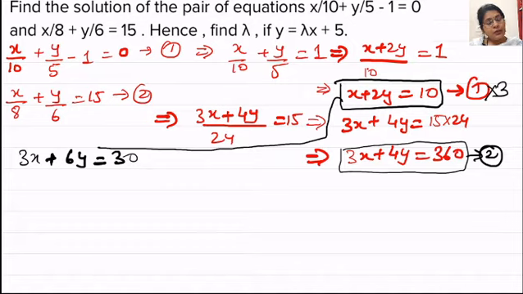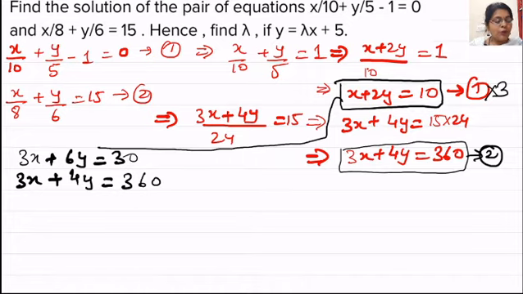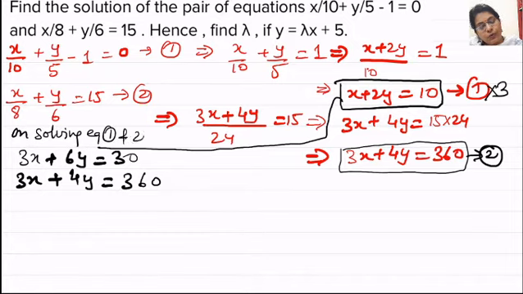And here also, one equation is 3x plus 4y equal to 360. So what we will write is, on solving equations 1 and 2, we get.